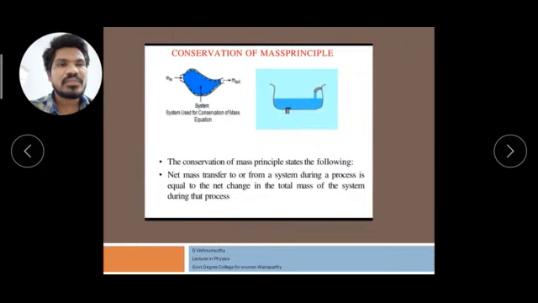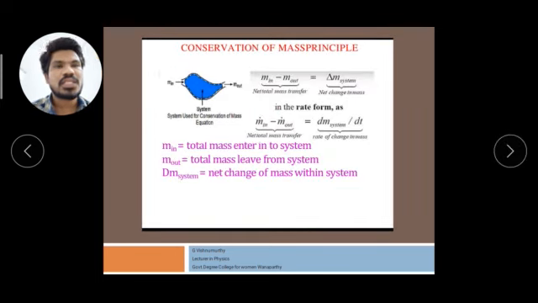The conservation of mass principle states the following: net mass transferred to or from a system during a process is equal to the net change in the total mass of the system during the process. Throughout the process, the net amount of mass will be stable.